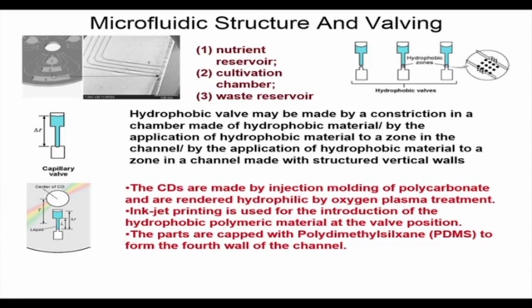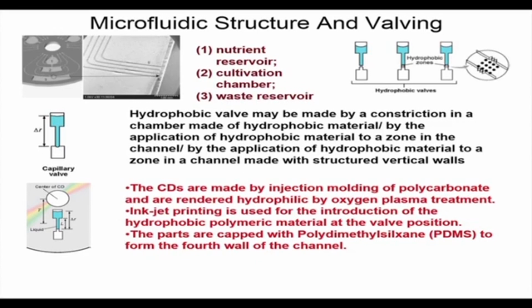So a hydrophobic valve may be made by a constriction in a chamber made of hydrophobic material, or by the application of hydrophobic material to a zone in the channel, or by the application of a hydrophobic material made with structured vertical walls. So these are just some technological mechanisms by which you can make hydrophobic walls.